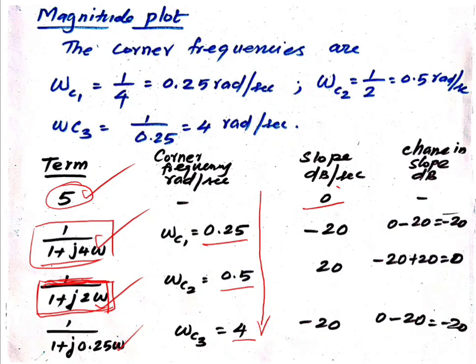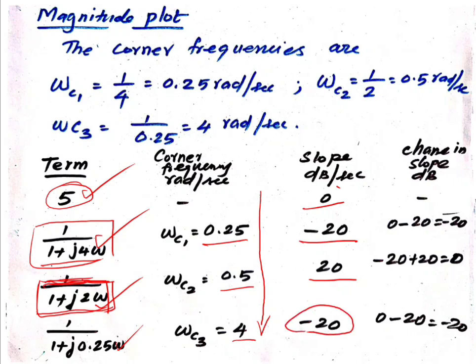This term is in the denominator, so the slope is -20. The third term is 1 + j2ω. This is in the numerator, so the slope is +20. And the next term is in the denominator, so -20.